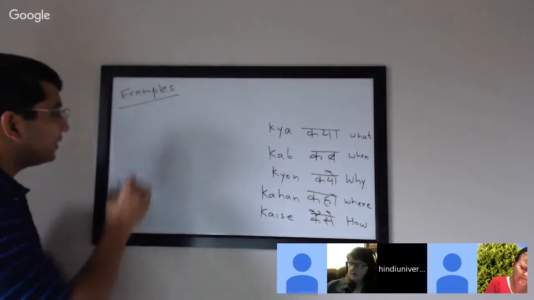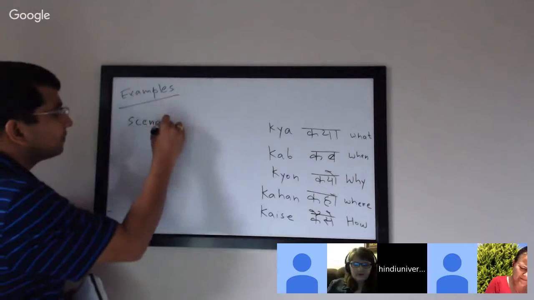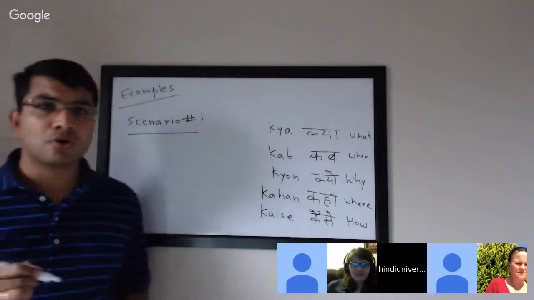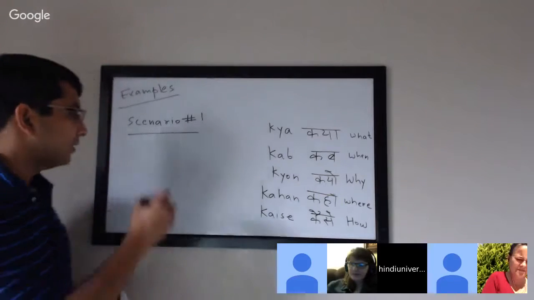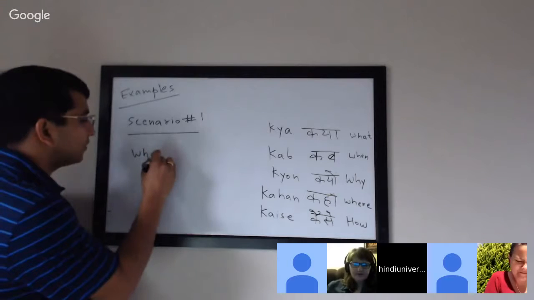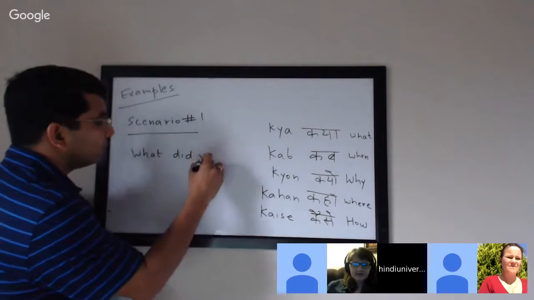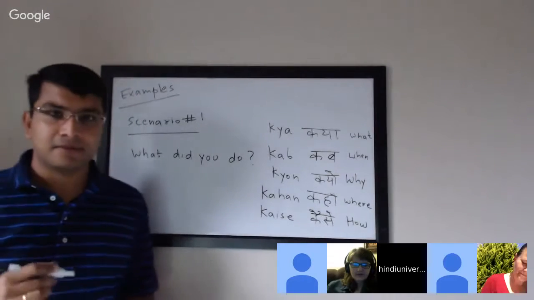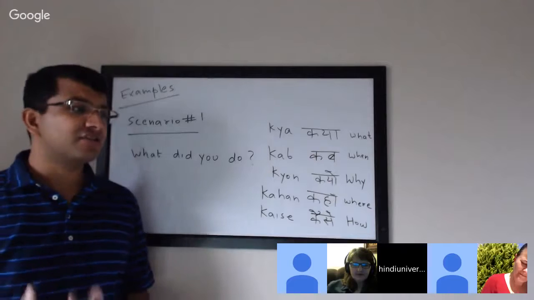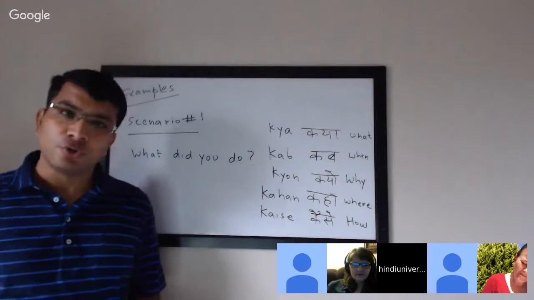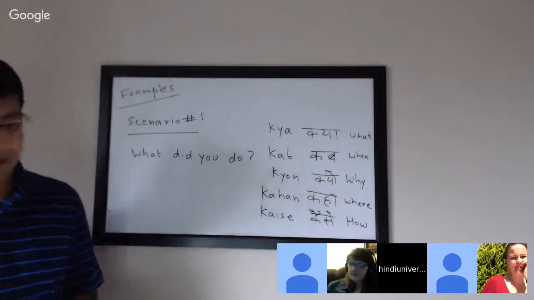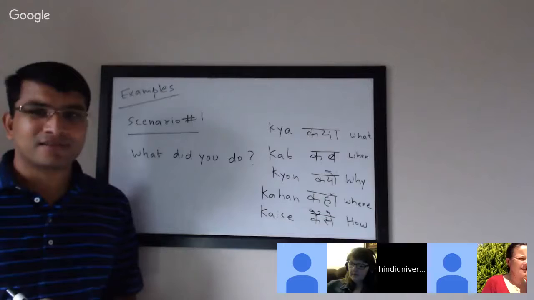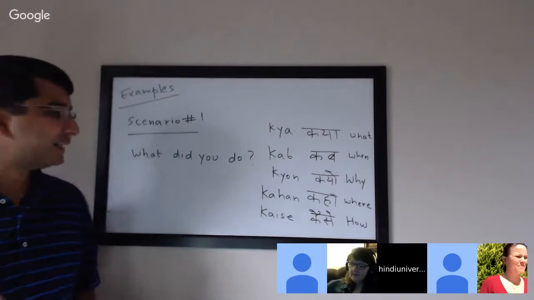Let's say the scenario here is you want to ask your friend what did you do. Essentially you're trying to ask them what did you do over the weekend. Okay, I want you to take a pause, and before I give you the answer, tell me how will you say that in Hindi.